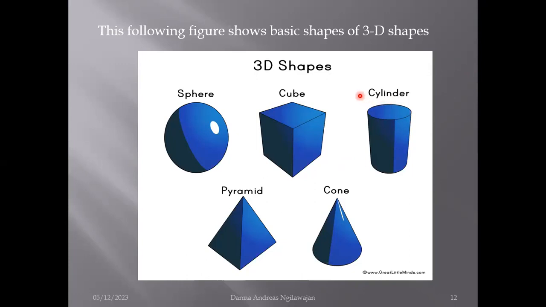Let's see: sphere, bola ya; cube, kubus; cylinder, tabung; pyramid, prisma segi empat; cone, kerucut.